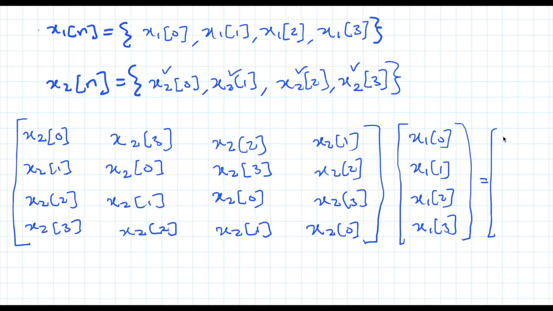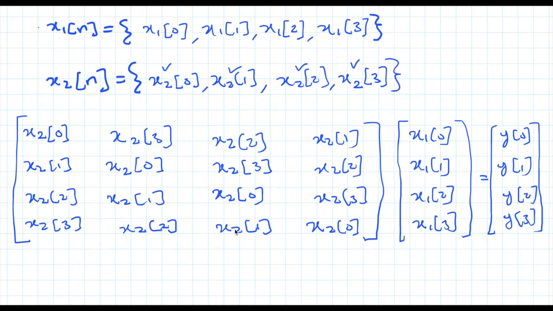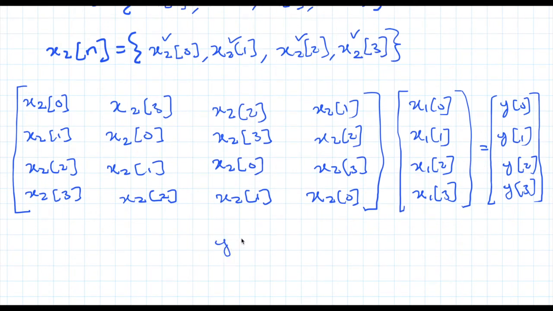So let me write it as y of 0, y of 1, y of 2 and y of 3. This is another way of finding the circular convolution. Essentially, y of n is x1 of n circularly convolved with x2 of n.